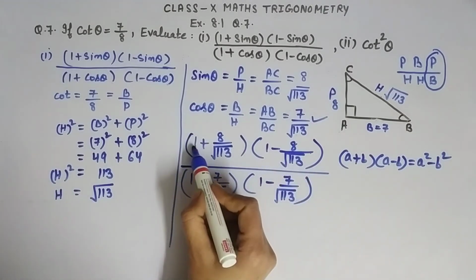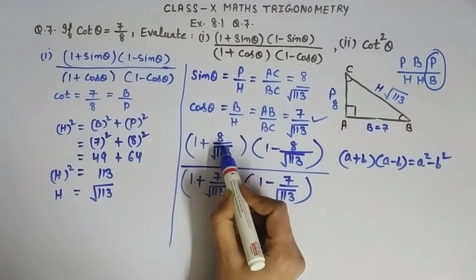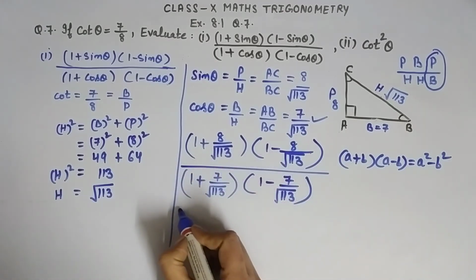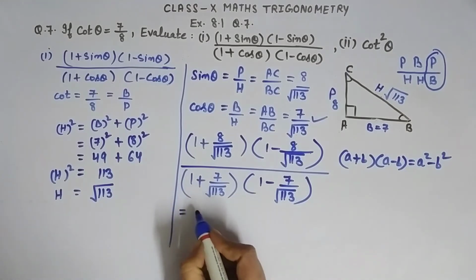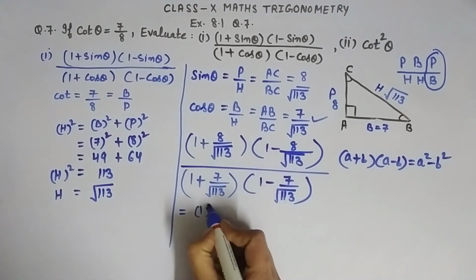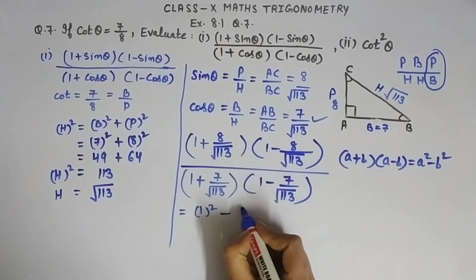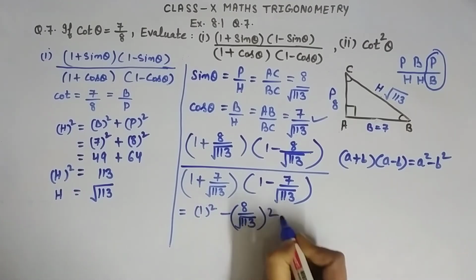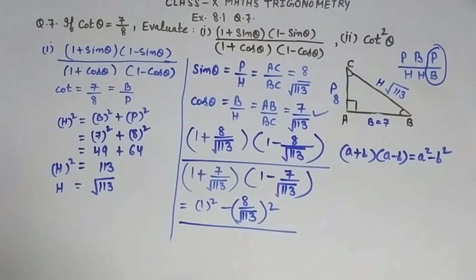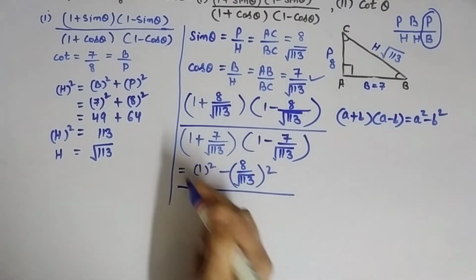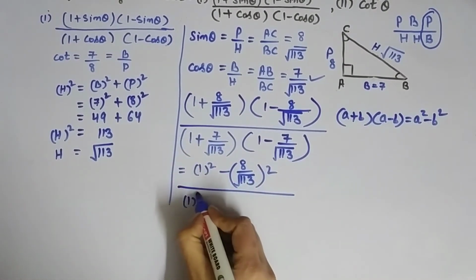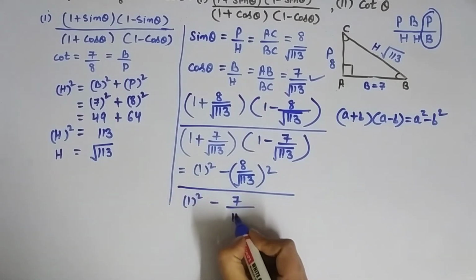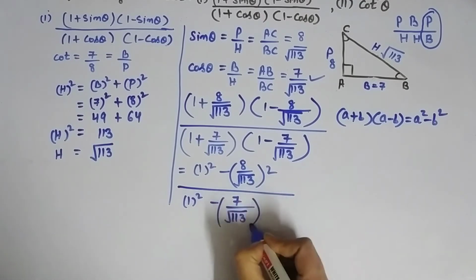So here a is equal to 1 and b is equal to 8 upon root 113. By solving we have a square, that is 1 square, minus b square, meaning 8 upon root 113 square. Similarly in the lower part we have 1 square minus 7 upon root 113 square.